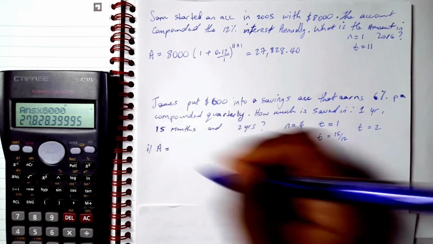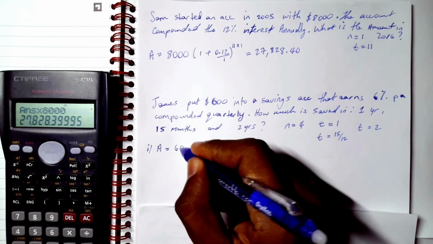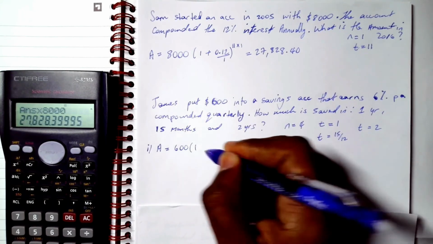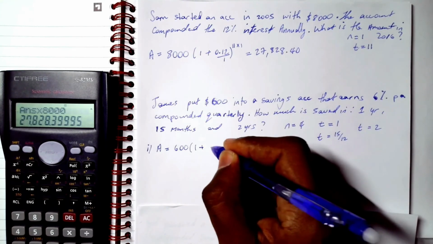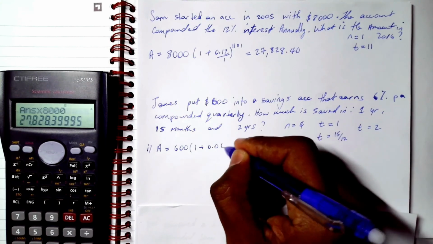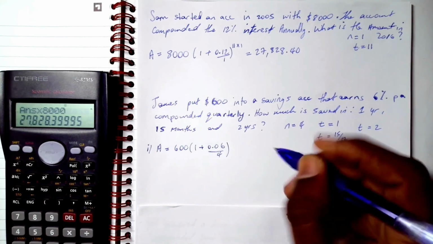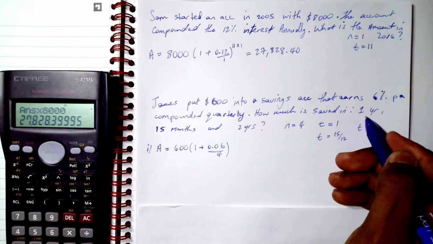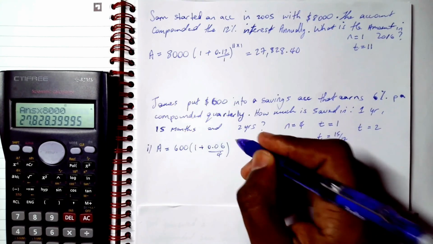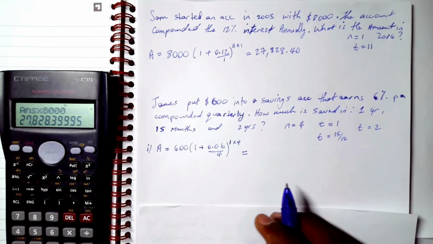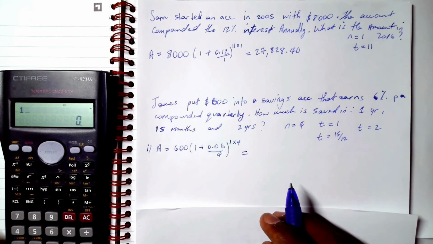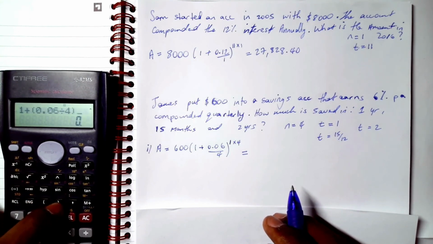A equal 600 times 1 plus the interest rate of 0.06 divided by 4 raised to the 1 times n. 1 times 4 is equal to 1 plus 0.06, I'll throw in a bracket here, divided by 4, close bracket.